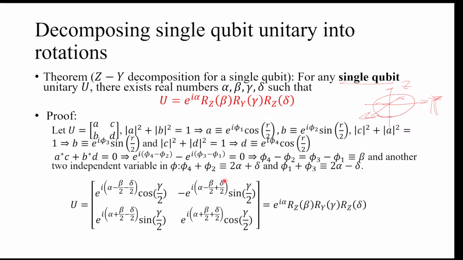So you have 4 phases, 1 constraint and 1 global, and then you can express the rest with 2 variables. So you can express all of them with this beta and delta. That's basically what we've done here.